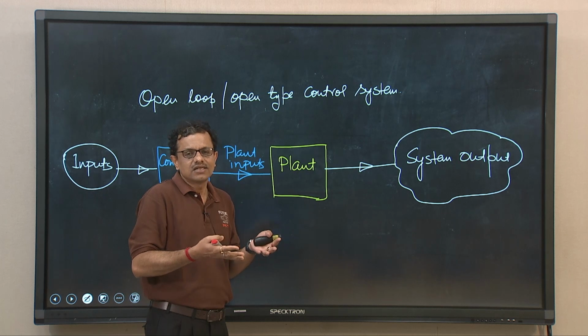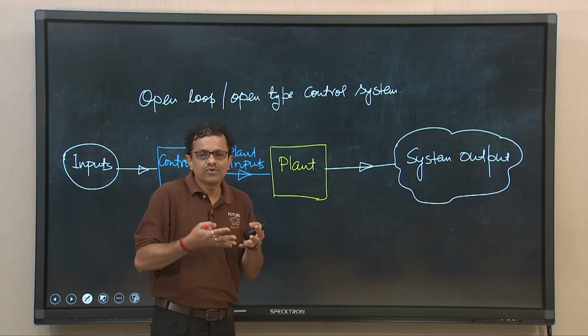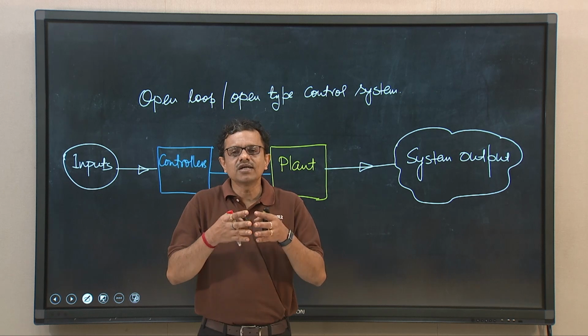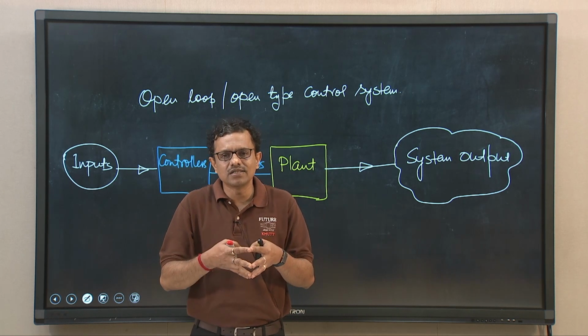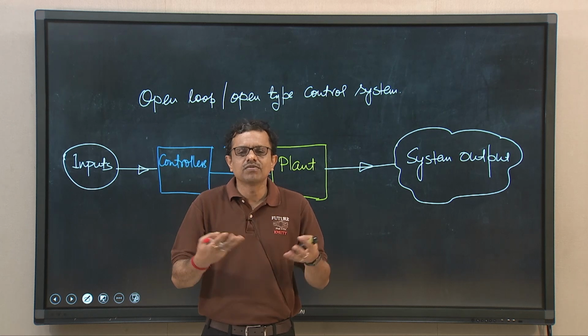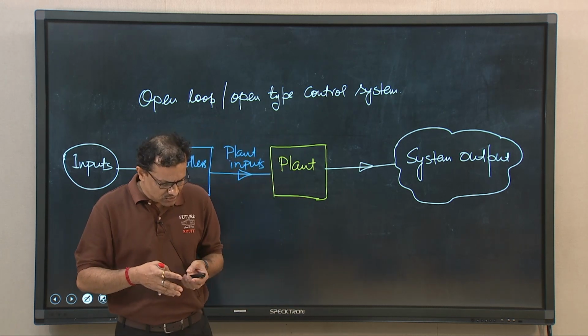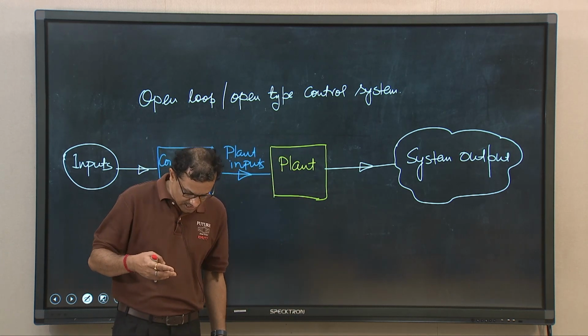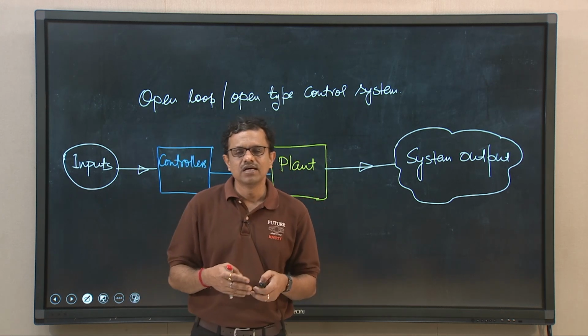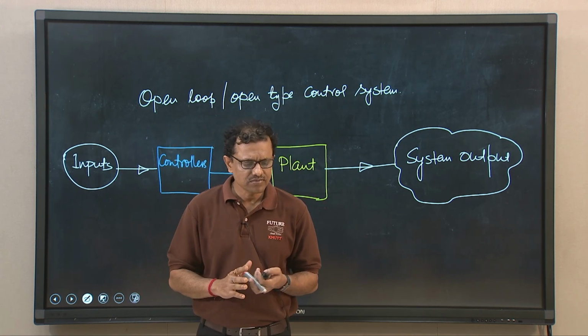And since there is no way of knowing what the plant is actually doing, no matter whatever changes are there in the environment or outside, it will always provide the desired output, right. Let us try to illustrate this type of system with the help of an example.